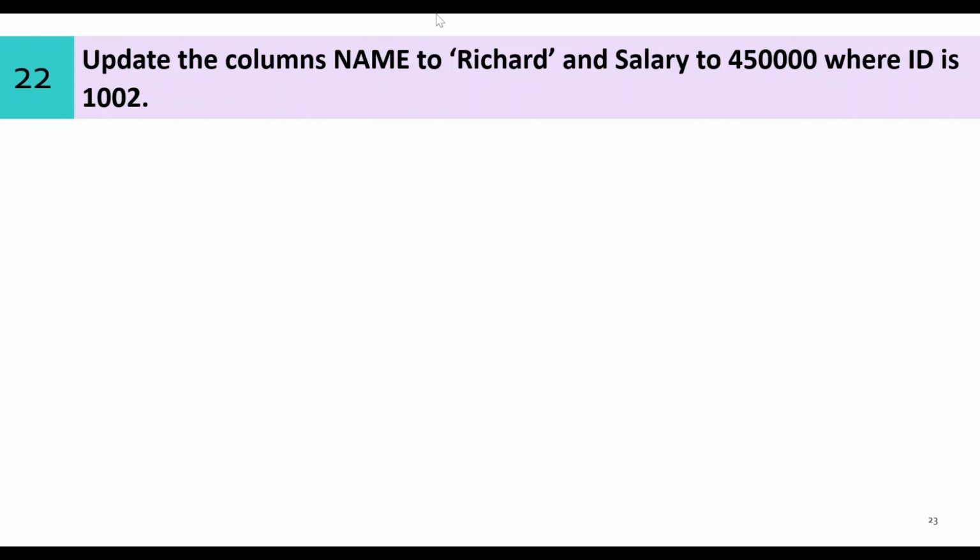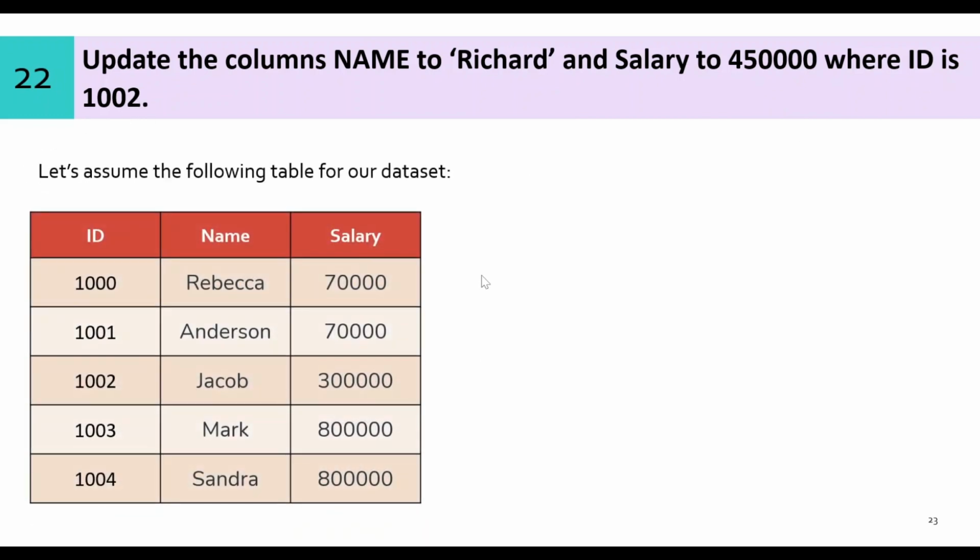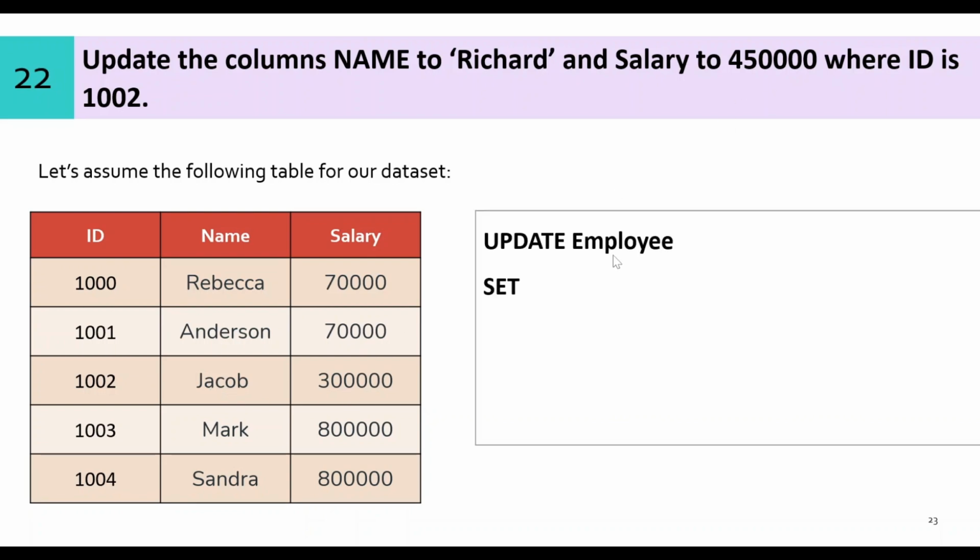Update the column name to Richard and salary to 4 lakhs 50,000 where ID is 1002. So basically, for 1002, you need to update the name from Jacob to Richard, and you need to update the salary to 4 lakhs 50,000.